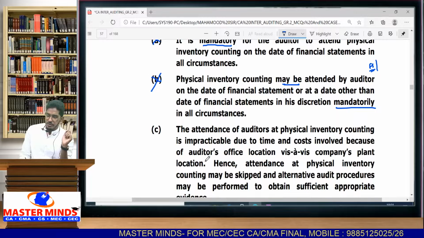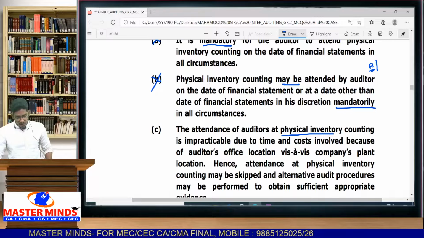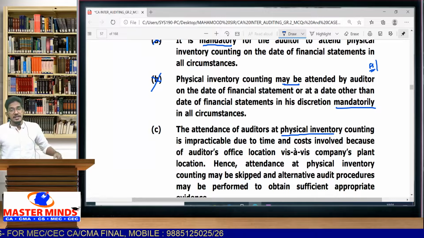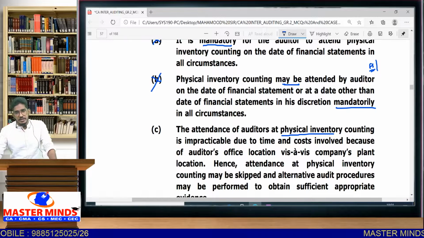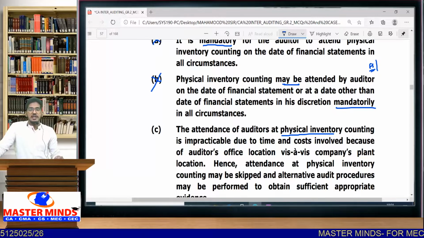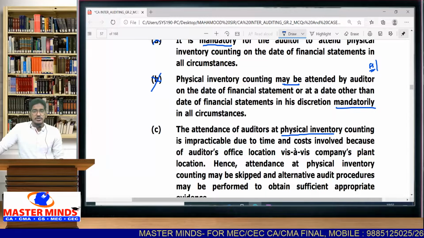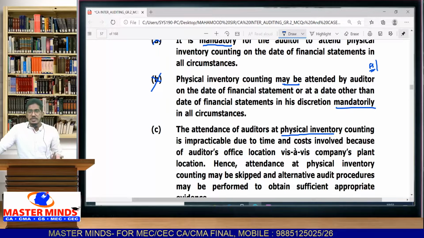The auditor is telling that attending the physical inventory counting is impracticable because the client's office is at a distant place from his office. Can it be used as an excuse? Is it a valid basis for impracticability? No, it is not a reason for impracticability.